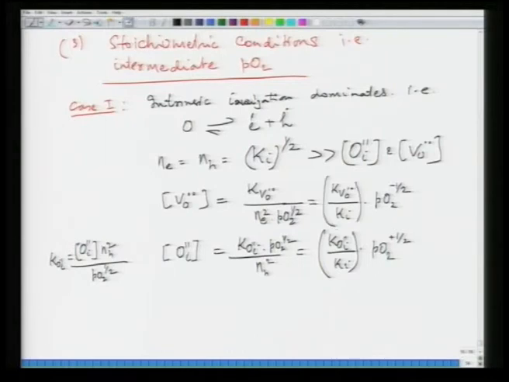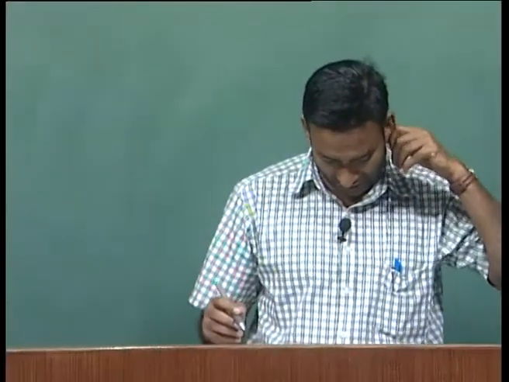So, in this region the VO and OI concentrations will be lower than Ne and NH concentrations, but they will change as PO to the power minus half in case of oxygen vacancy, or PO to the power plus half in case of oxygen interstitials. Okay. So, this is the case 1 when internal ionization dominates.